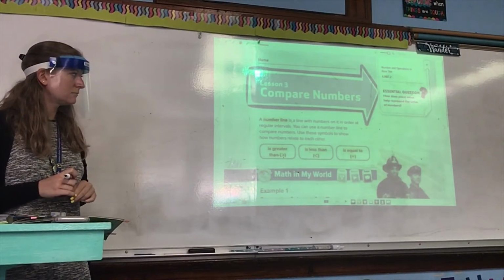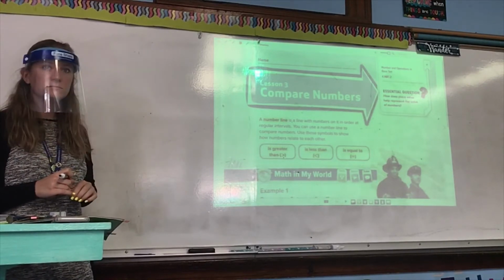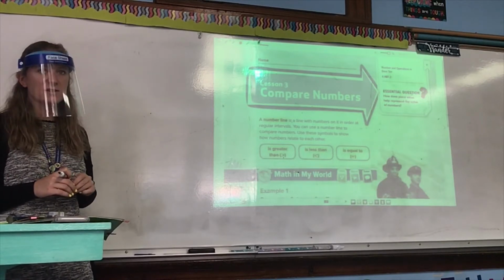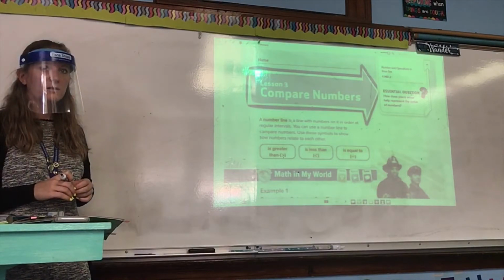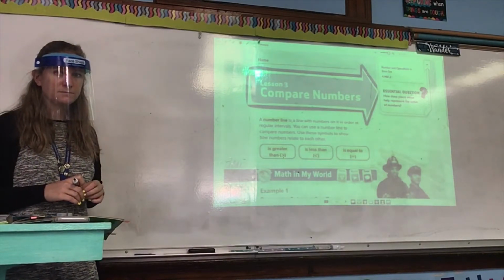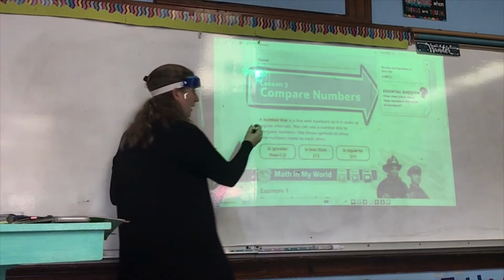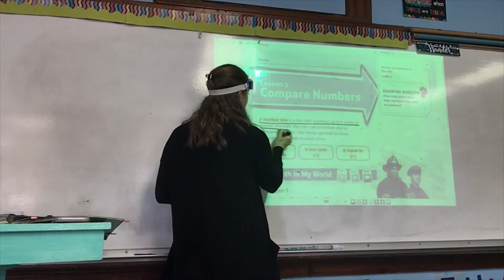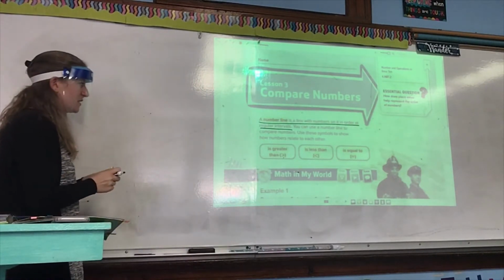A number line is a line with numbers on it in order, at regular intervals.